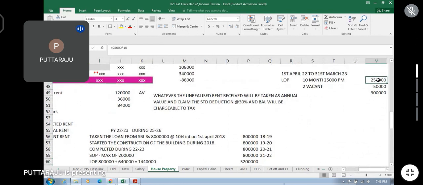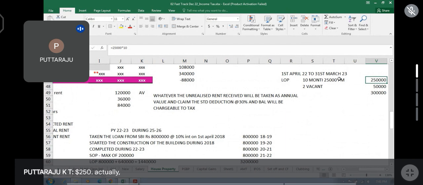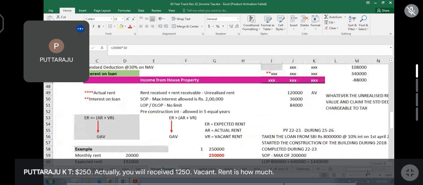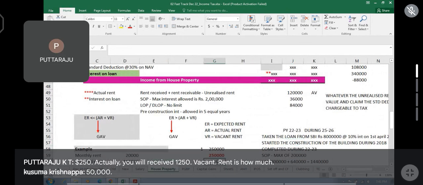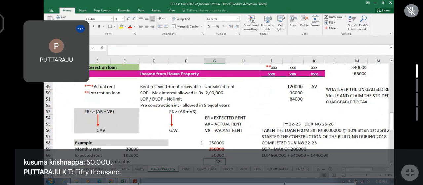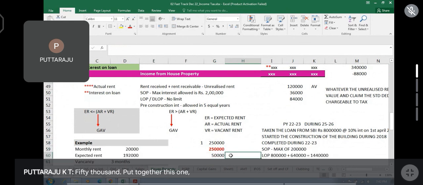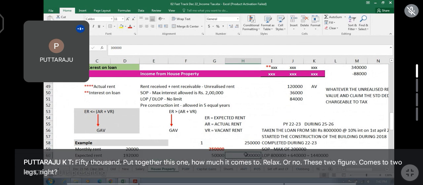Actually, you have received 2 lakh 50. Vacant rent is how much? 50,000. Put together, how much does it come to? 3 lakhs? Sir, no. These two figures come to 2 lakhs, right? Yes, sir.